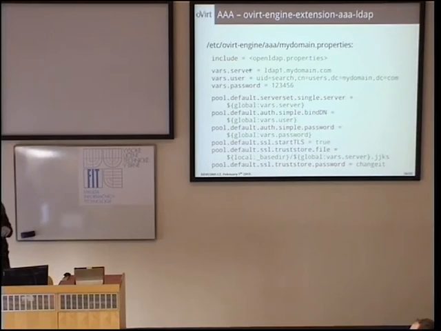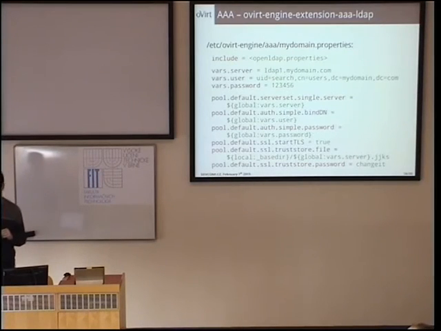And then you will just define your LDAP server or servers, your user which is used to search the information, your password, and you also can define some sort of pool of connections and whether to use SSL or not.